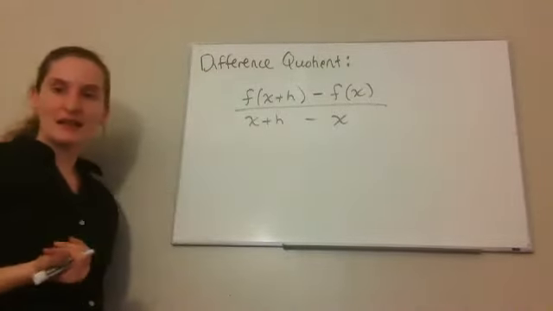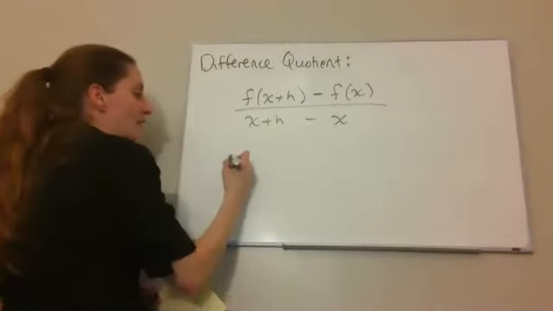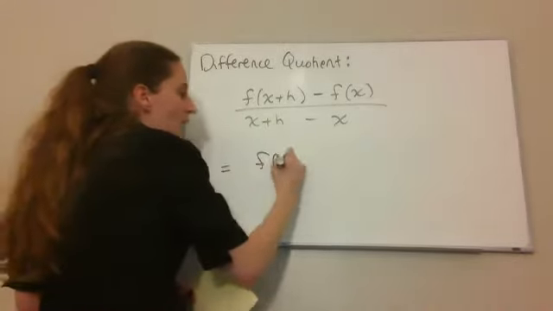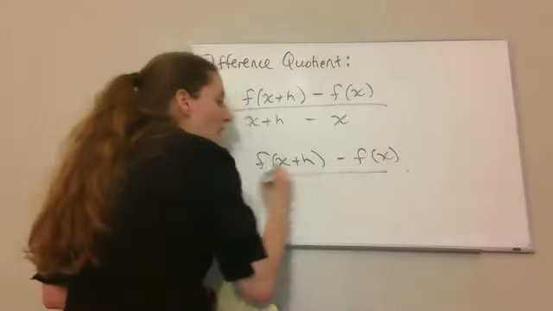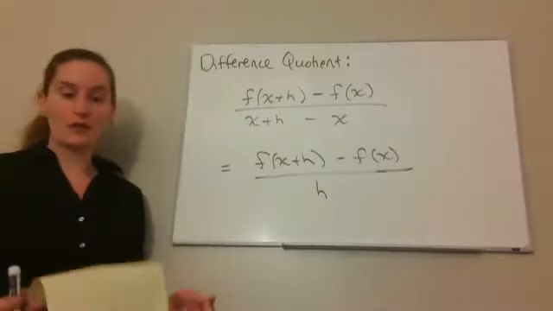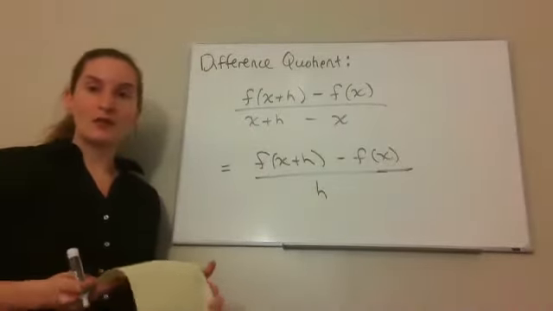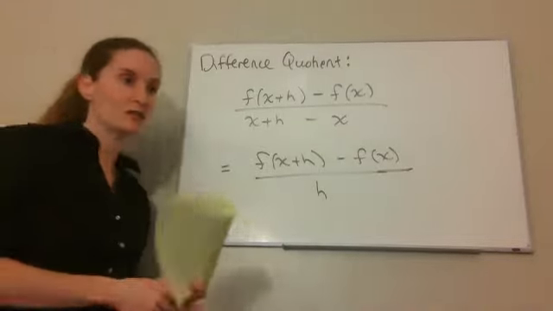Notice the x and the minus x in the denominator subtract away to 0. So this is equal to f of x plus h minus f of x all over h. That is our difference quotient. And we're going to do an example right now where we find the difference quotient for a particular function.